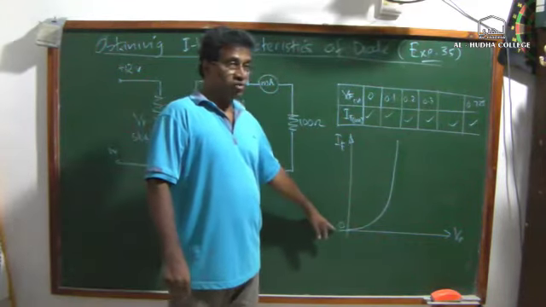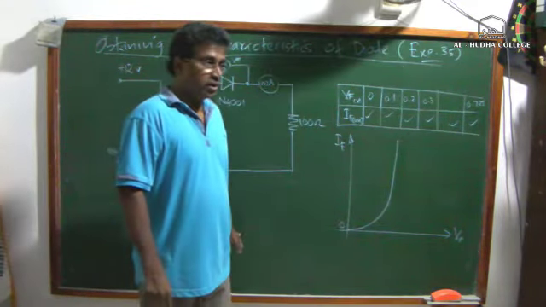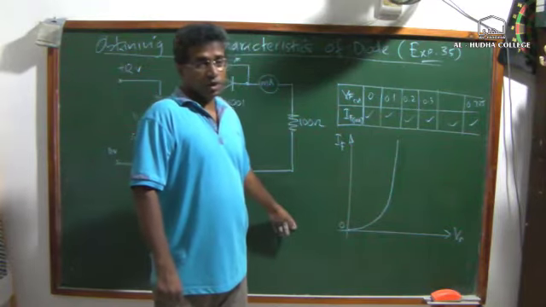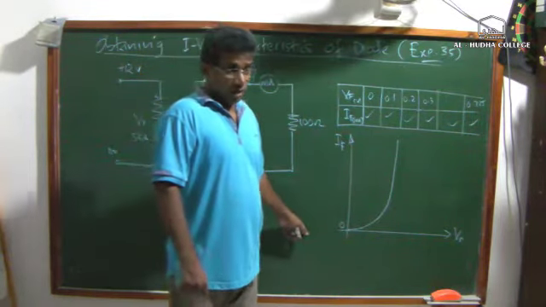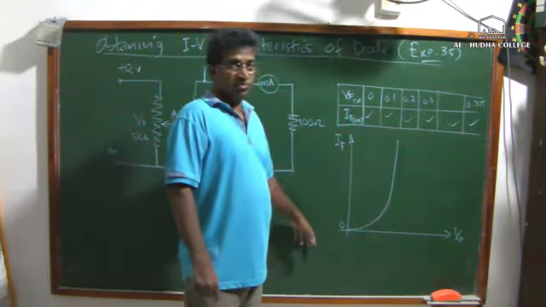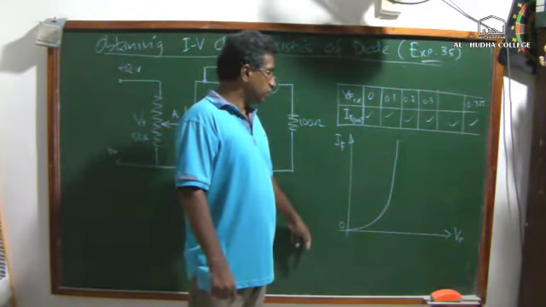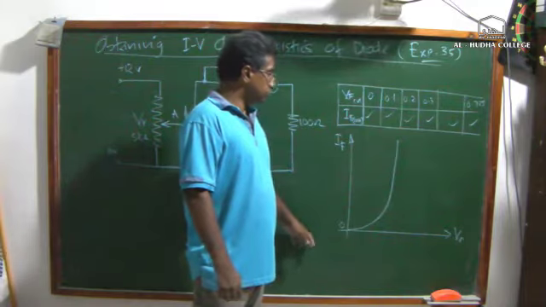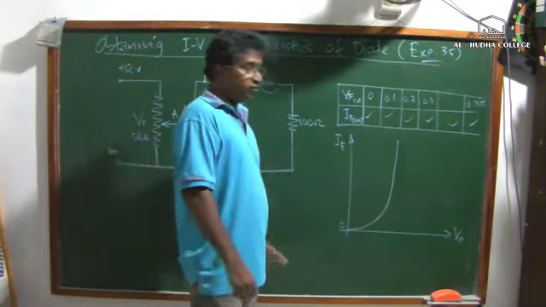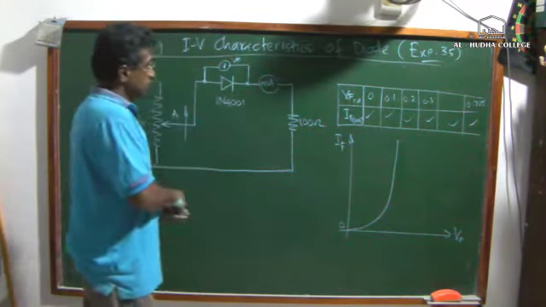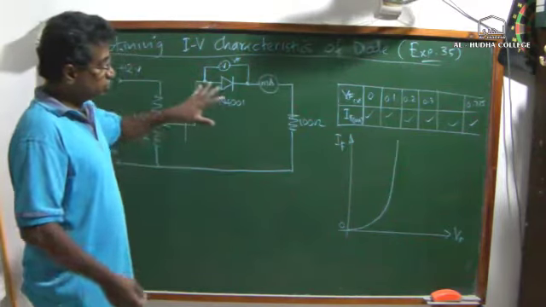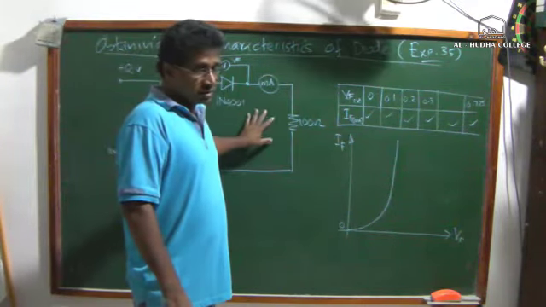Even if you increase the voltage to 50 volts, the reverse saturation current will be about 10 microamps, right? So it's a very small current. It's difficult to measure in a normal lab. So they are asking you to plot the forward bias graph only, right? So we will stop with this practical here.